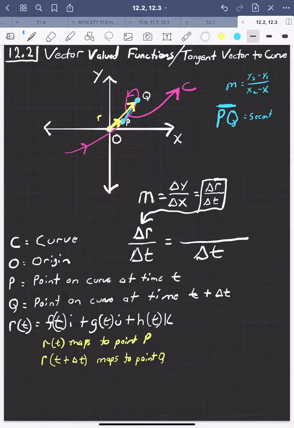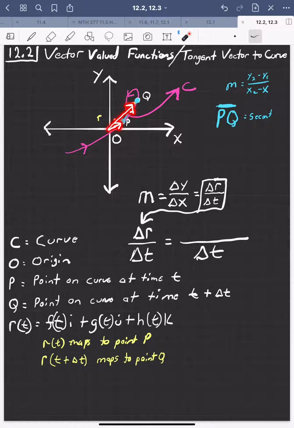Simple enough. Now how do we think about delta r? So, all right, follow me up here to this graph. So here is r of t, and here is r of t plus delta t. So r changed.